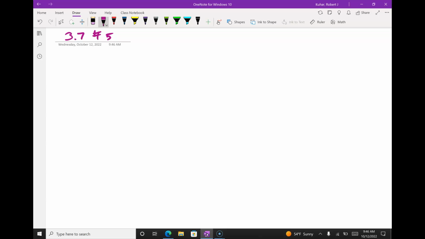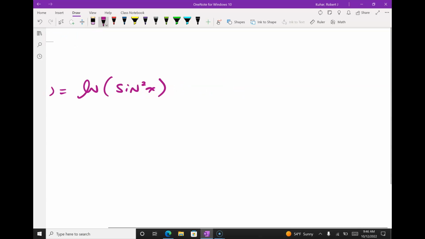I gave you suggested problems from 3.5, 3.6, 3.7. So f of x is the ln of the sine squared of x. Sine squared of x is a really good one for me to give you on the quiz Friday, so we better make sure we know how to do that. Let's just work on that on the side first.